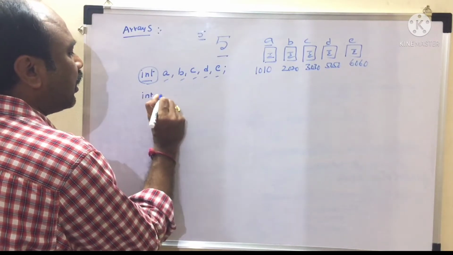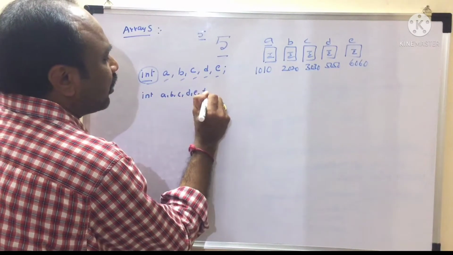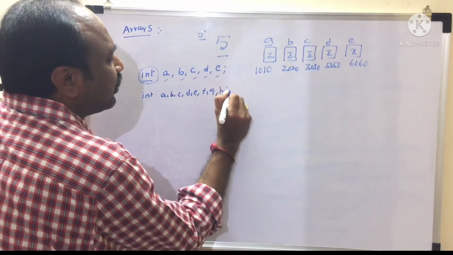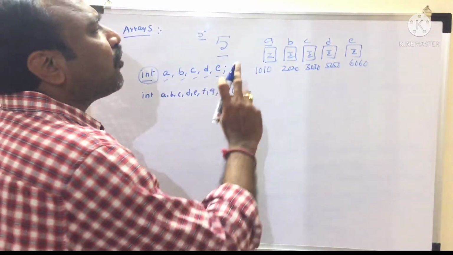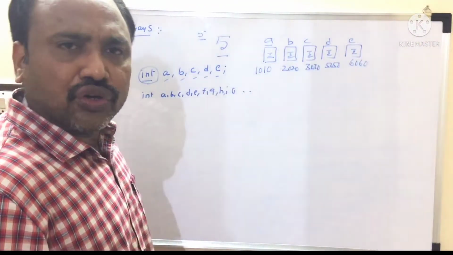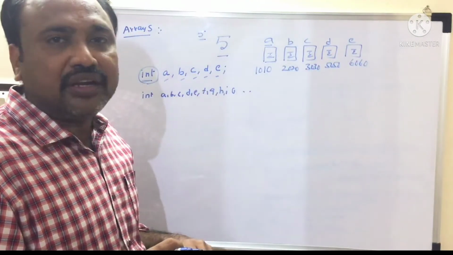In the same way, if I have to use 20 integer values, what will we do? int A, B, C, D, E, F, G, H, I, J, like that we have to give 20 names. For 20 variables, we use 20 names. All these 20 values are stored in different addresses.